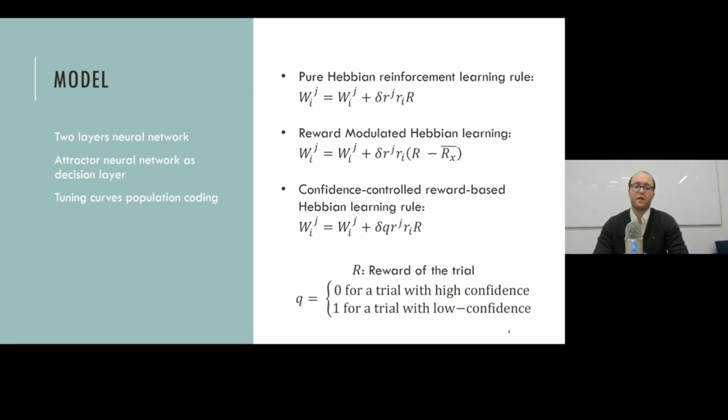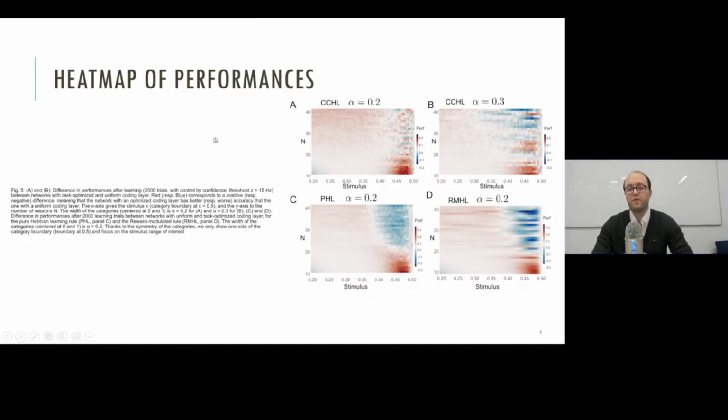Now, if we look at the different types of encoding of the coding layer and those three learning rules, we find the following heat map of performances, where the color represents the sign of the difference of performance between the task optimized and the uniform coding layer. If it's red, it means that after learning, the task optimized coding layer performs better than the uniform coding layer.